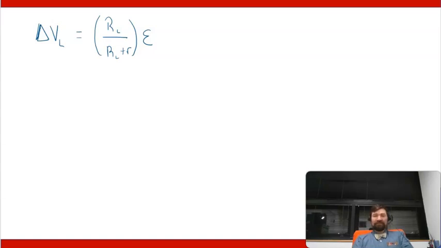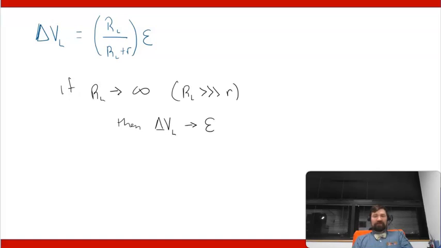So once the load resistance gets really large, if it approaches infinity, or is many times larger than r, the internal resistance, then the terminal voltage, delta V L, will approach the value of the battery's EMF.